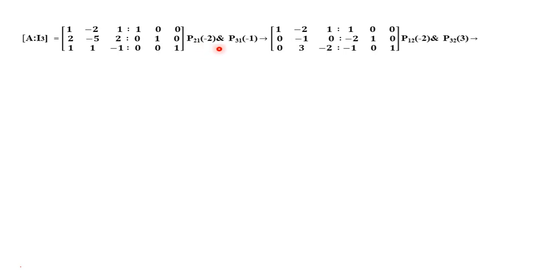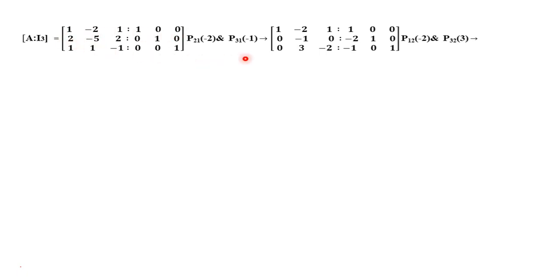Now we perform two elementary row operations, so we change these 2 and 1 to zeros. For that, first we perform the elementary row operation P21 of minus 2. That means we change the second row by multiplying the first row by minus 2 and adding it to the second row.